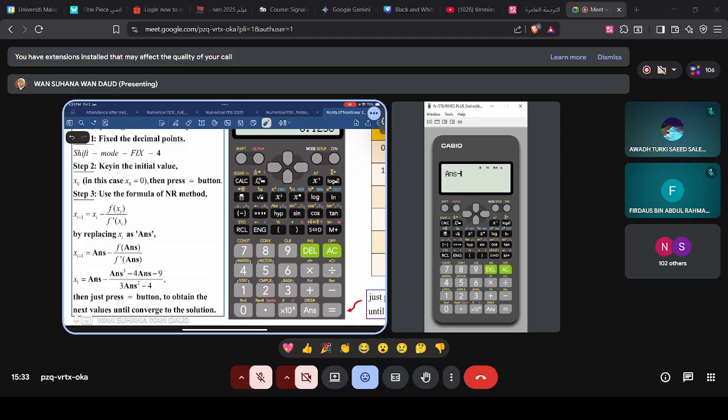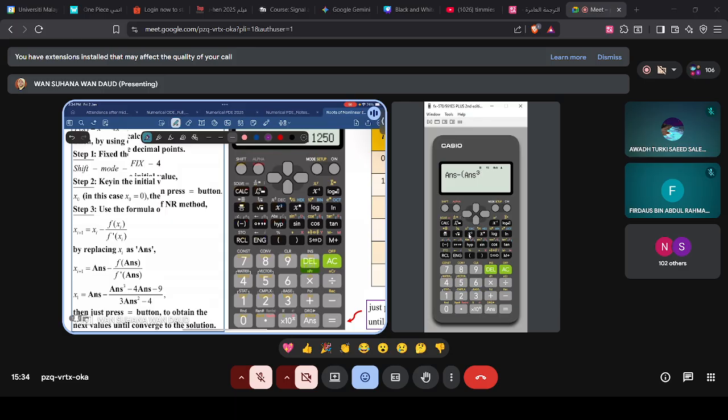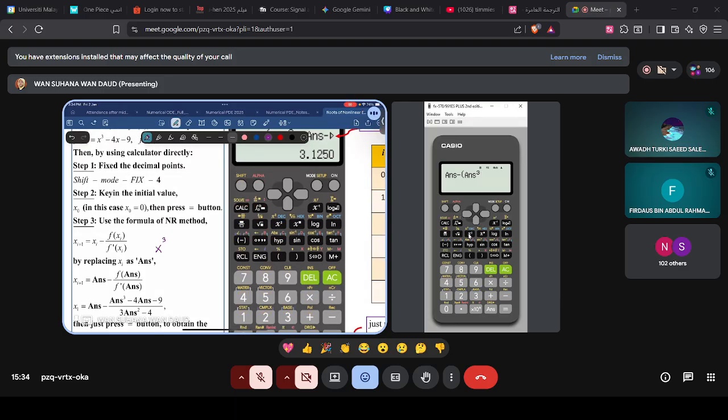I use brackets to separate the numerator and the denominator, and then ans to the power of 3, which is the function f(x). The function f(x) given in the question is x cubed minus 4x minus 9.